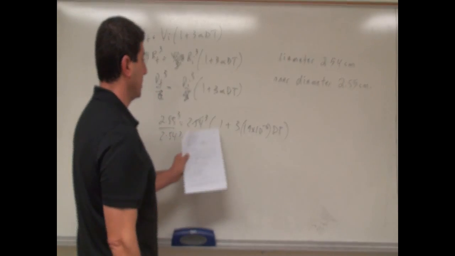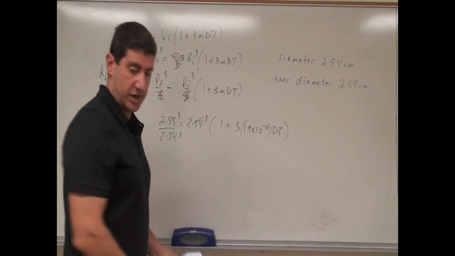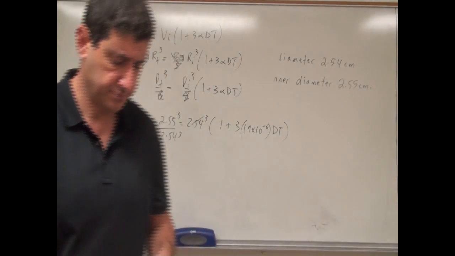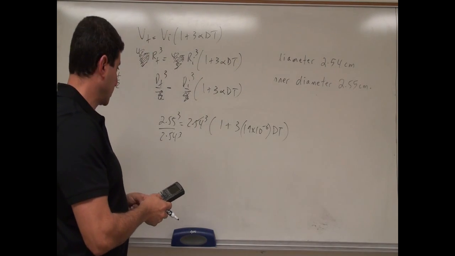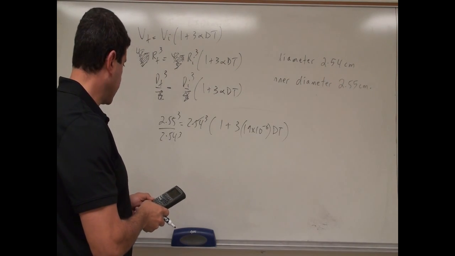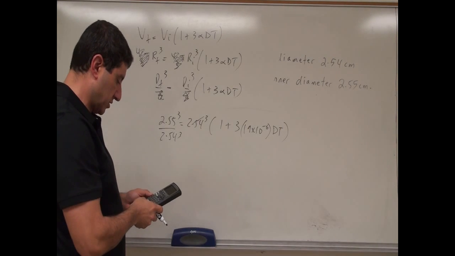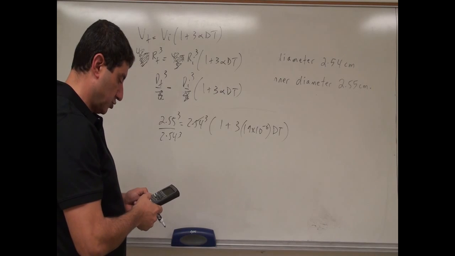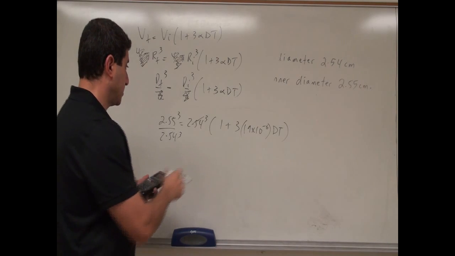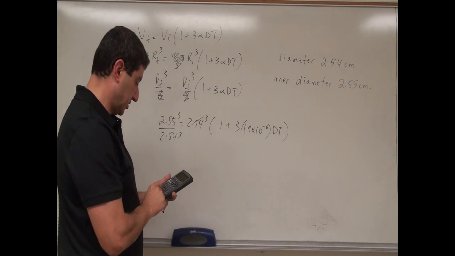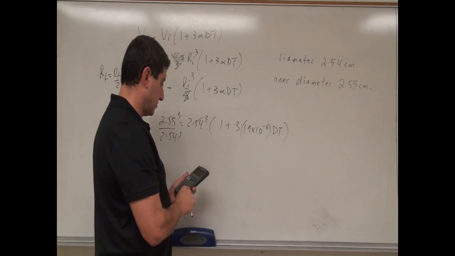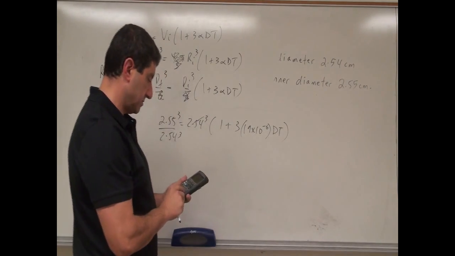2.55 cubed over 2.54 cubed. And then we're going to just solve for delta T, right? So we can get our calculator. We can say 2.55 divided by 2.54 to the power 3, and then subtract 1 from there, minus 1, and then divided by the rest.